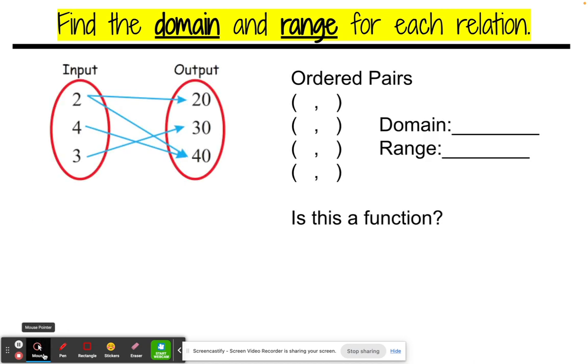Let's find the domain and range for each of these. Well, for my input here, I have a 2 and I have a 20. I have a 2, and I have a 40.